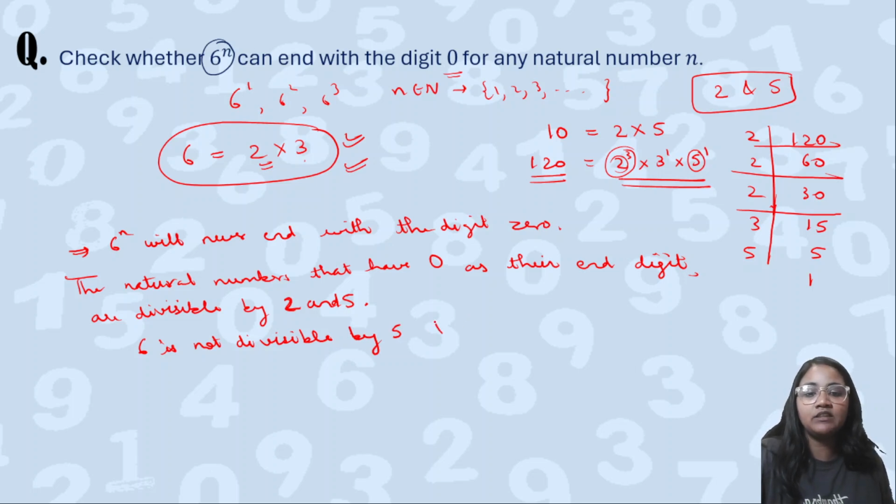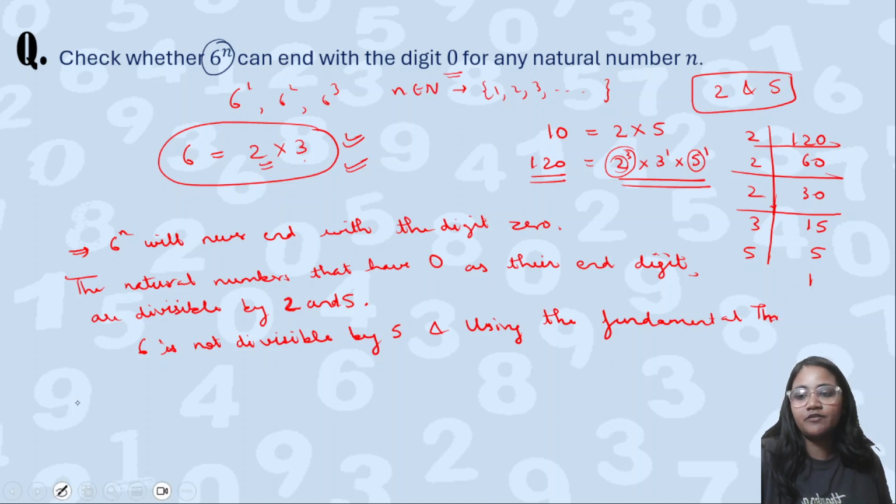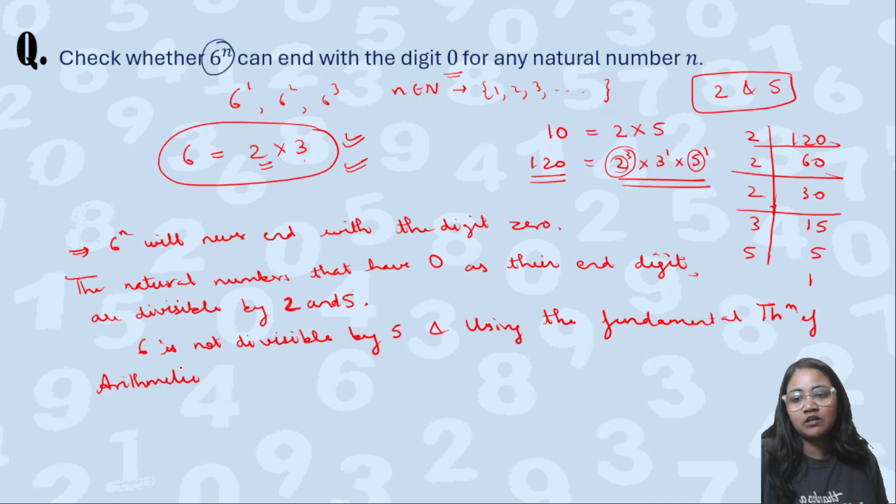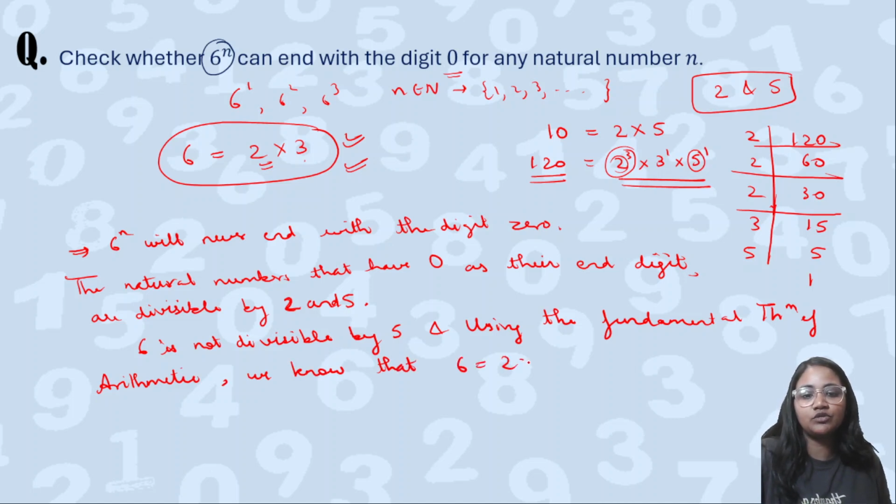Using the fundamental theorem of arithmetic, we know that 6 is equal to 2 times 3.